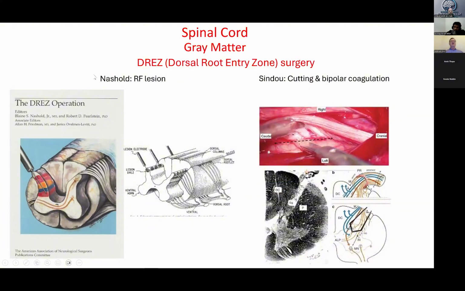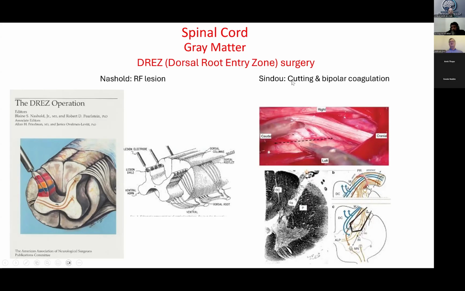One is the Nashold radiofrequency lesions, multiple lesions 2-3 millimeters apart on the dorsal part with a specially designed lesion electrode. The other one is the Sindou technique: first making an incision on the dorsal root entry zone, and then small bipolar coagulations.